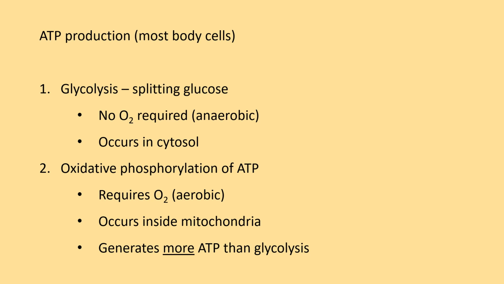It's called oxidative because it does require oxygen in order to phosphorylate or attach a new phosphate group to a molecule of ADP to make ATP. And oxidative phosphorylation occurs inside of our mitochondria. And of these two processes, definitely oxidative phosphorylation generates more ATP than glycolysis.